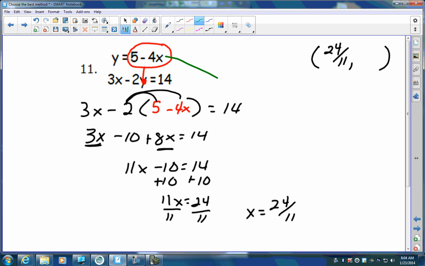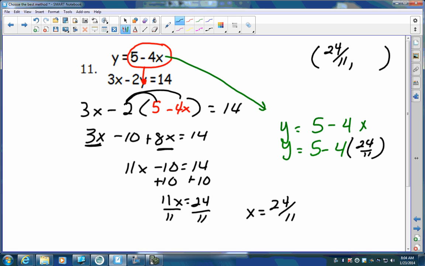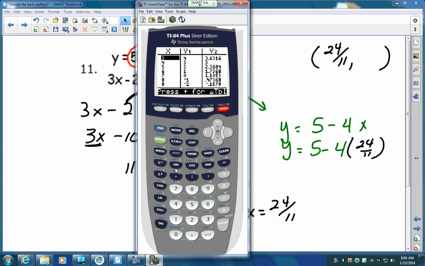I'm going to choose my top equation. Y equals 5 minus 4 times x. Y equals 5 minus 4 times 24 over 11. Let's just put it in the calculator the way we see it. Second quit, let's go in there.